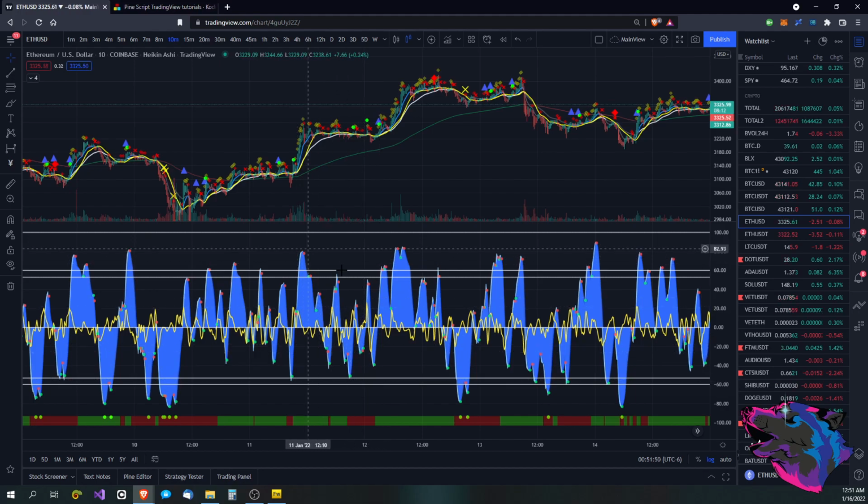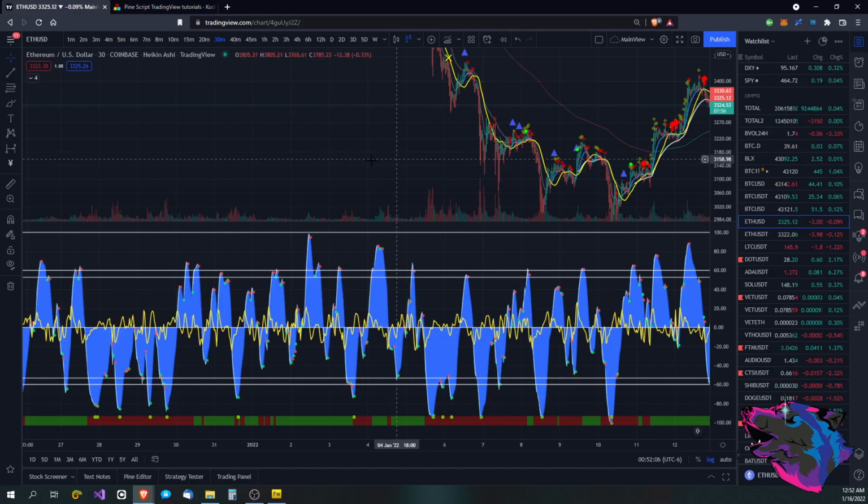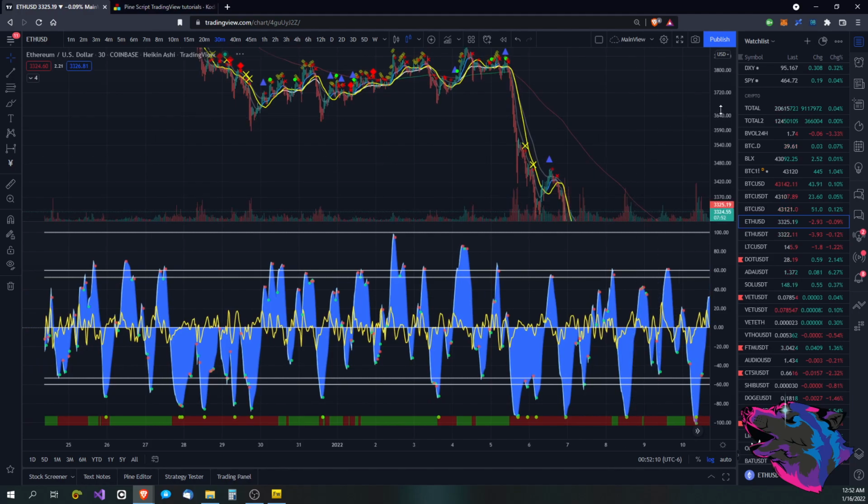Nothing great right there. I mean, price is going down, waves are going down. Even still, price is kind of going down with that. Let's bump up a little bit here. We'll level up.